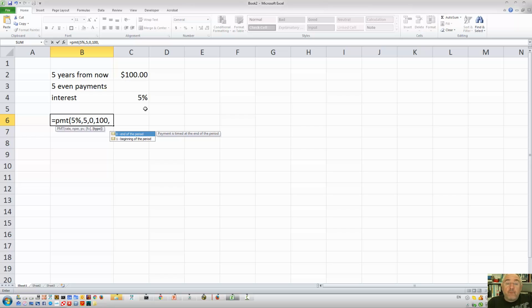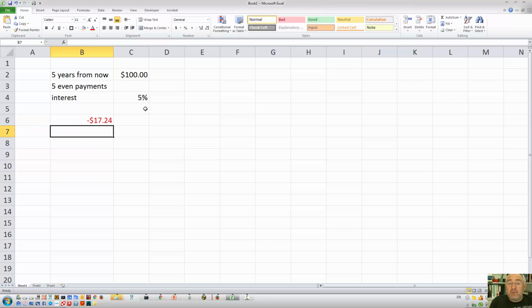Okay, so the first payment, as I said, I'm going to start making the payments straight away. So the payment is going to be now, and Excel annotates that by using a 1. Okay, did I do that right? Yes, 1. Okay, so the payments I need to make are $17.24. Let's work out whether that actually gives us the answer that we want.